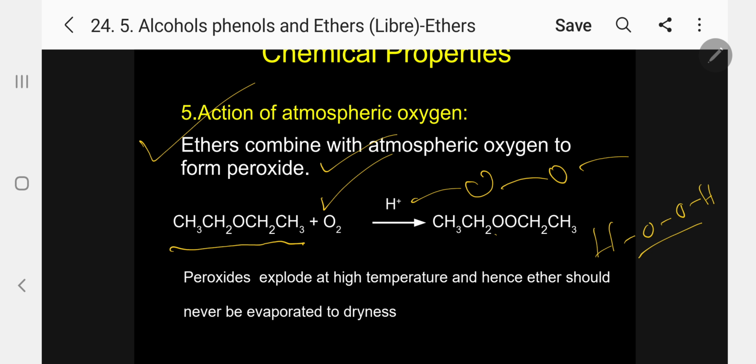You must know this is the most important. Peroxide explodes at high temperature, and hence ether should never be evaporated to dryness. If you want to evaporate ether, you should not evaporate until dryness. It will explode. So keep up to a small amount and then take it out. Kindly follow.